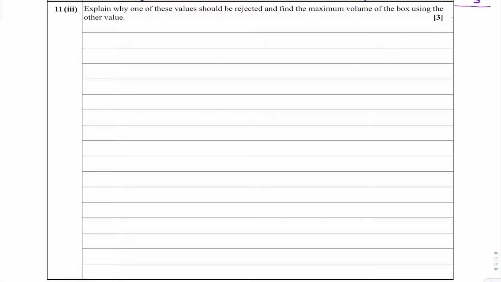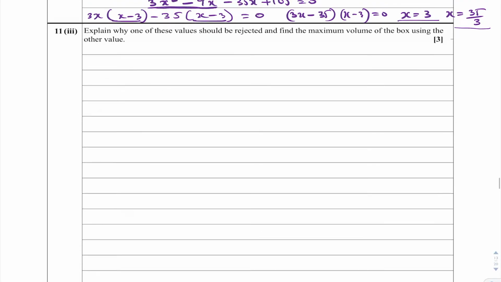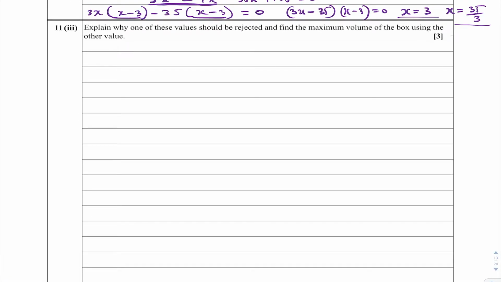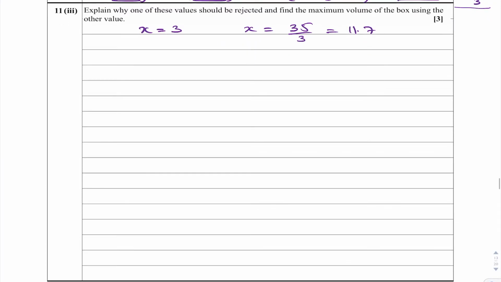Question 11, part 3. Explain why one of these values should be rejected and find the maximum value of the box using the other value. Well, the two values we got earlier were x equals 3 and x equals 35 over 3, which will give us 11.7. So those are the two values.